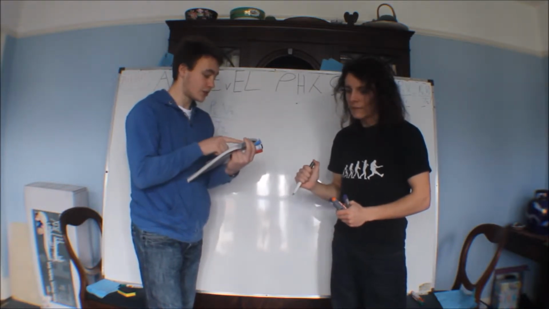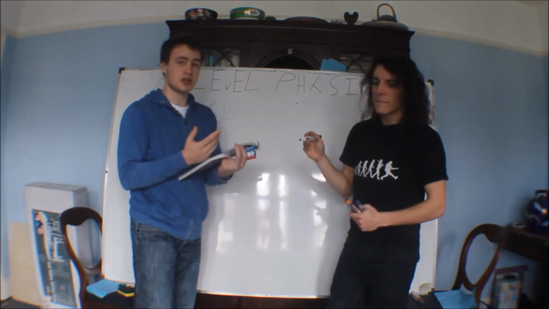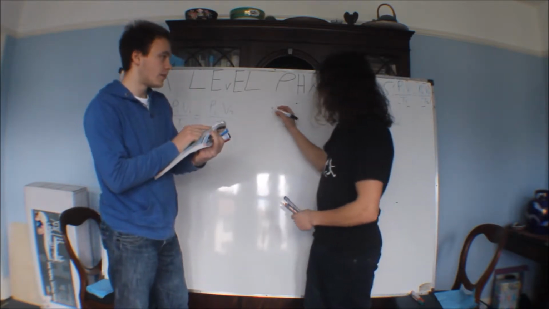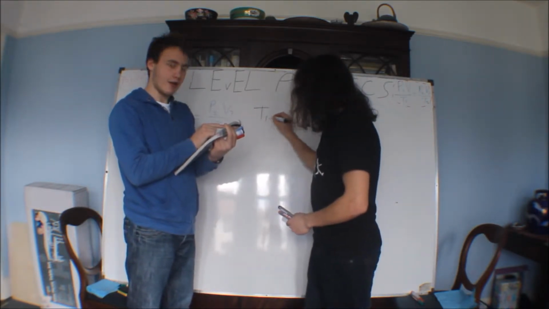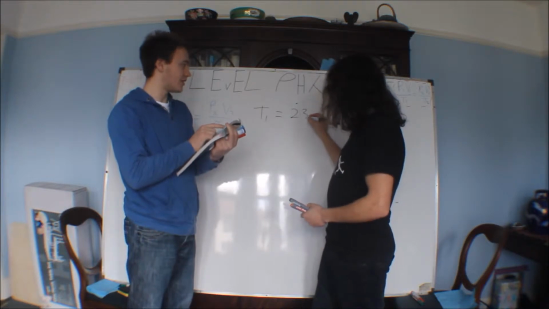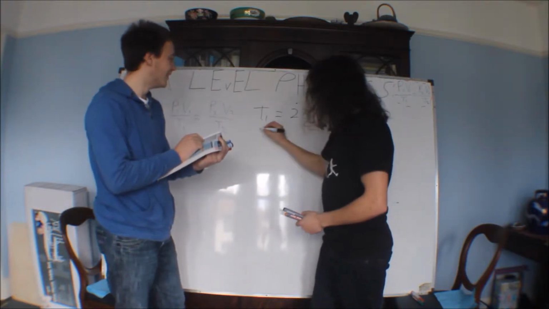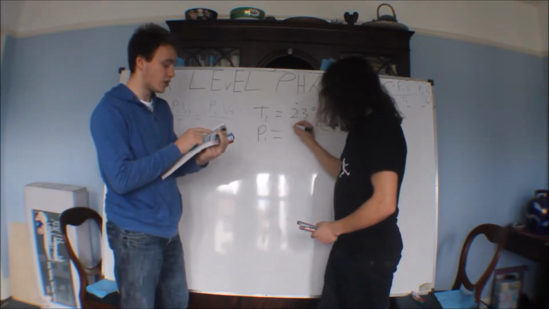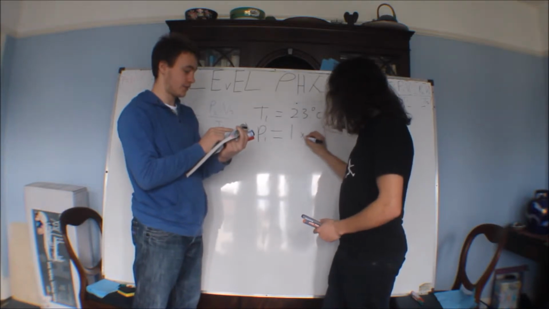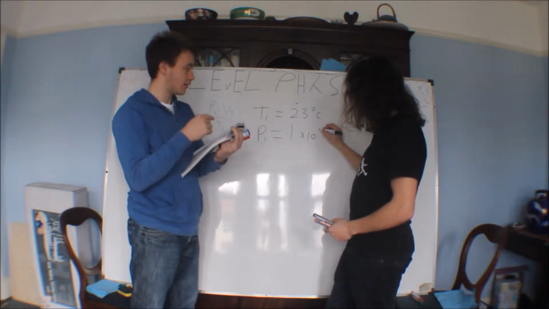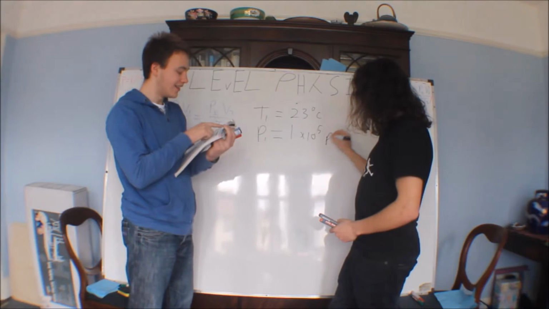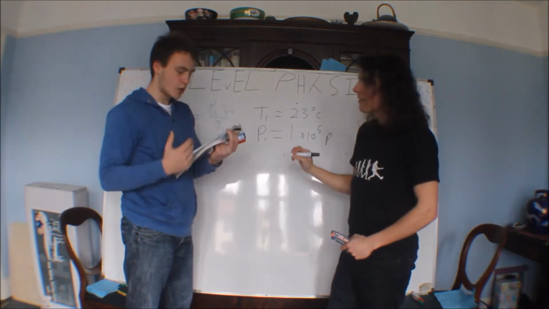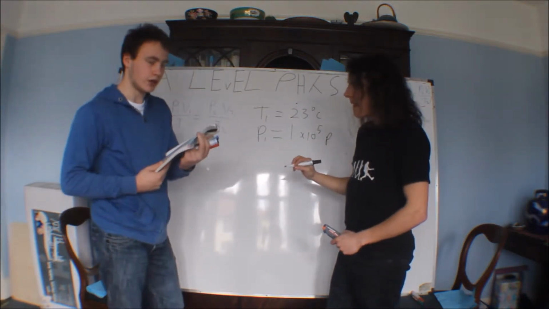A piston compresses air at a temperature of 23 degrees Celsius. That's room temperature. There's a pressure of 1 times 10 to the 5 pascals, and it compresses to 1/25th of its original volume.